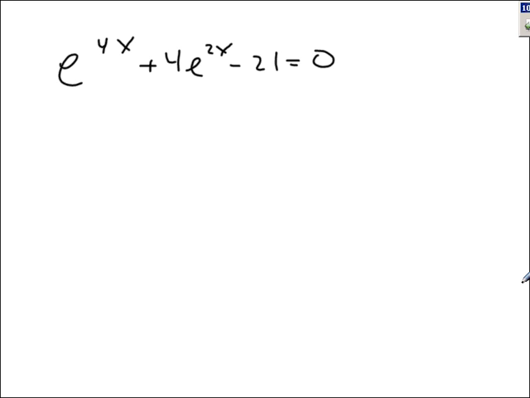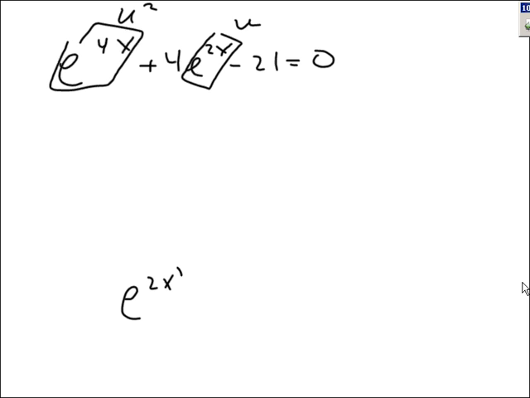Now this here is a quadratic equation, because if you were to call e to the 2x u, then that would be u squared. When I square it, you multiply the powers, and that gives e to the 4x.